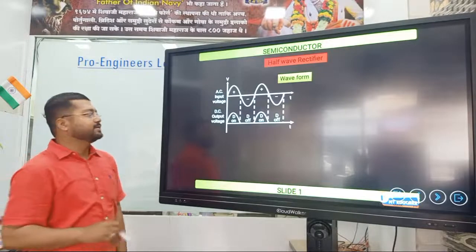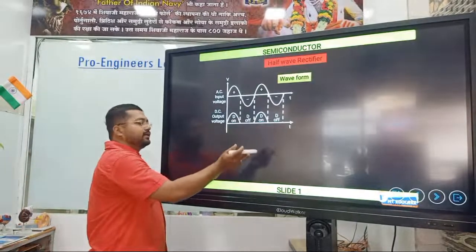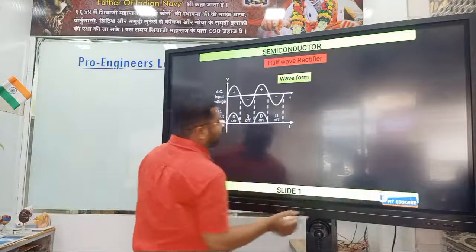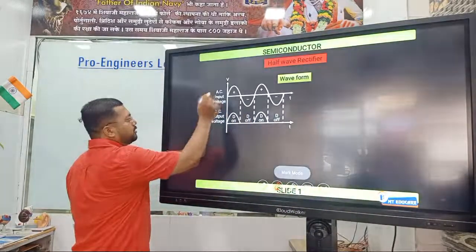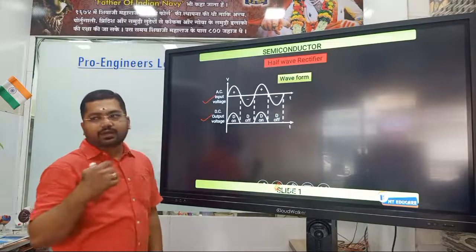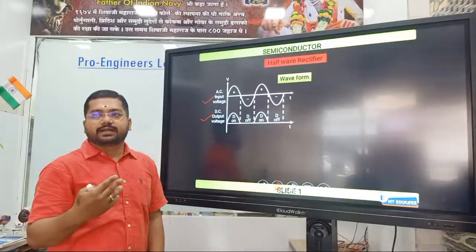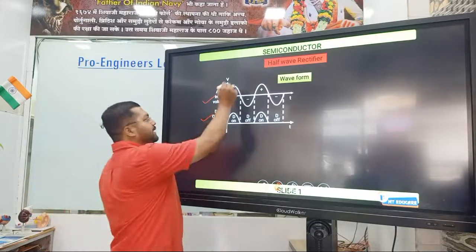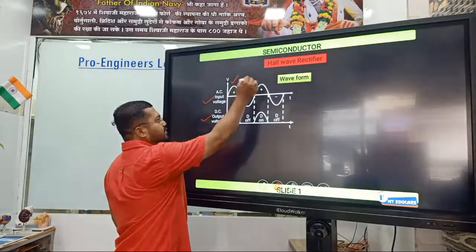This is what happens exactly at the end of the diode. It means this is the input which we have given to the transformer, and this is the output which we are getting at the end of the load resistance after the diode. It conducts for positive, it does not conduct for negative.